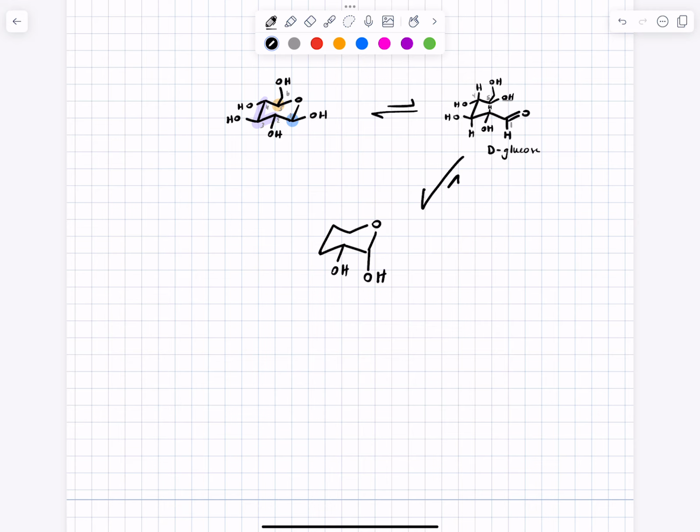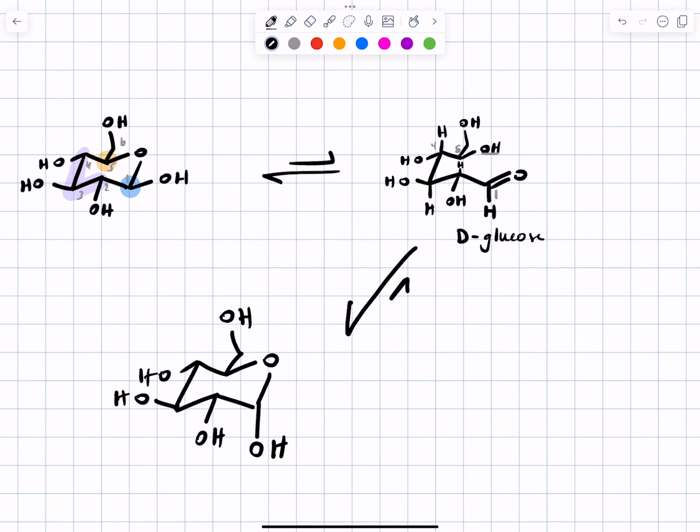And whether you get the alpha or the beta anomer really depends on rotation around the bond between carbons 1 and 2 when you go to make the cyclic hemiacetal, right? If this oxygen attacked this carbon here in this shape, we'd get the beta anomer.